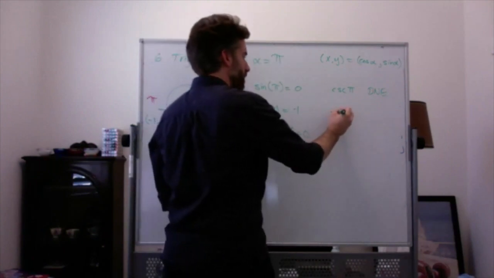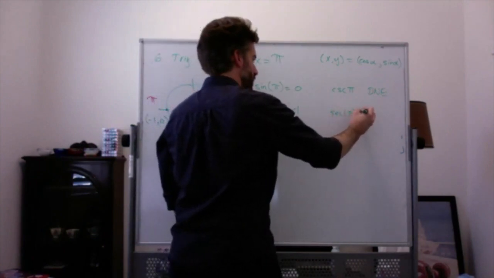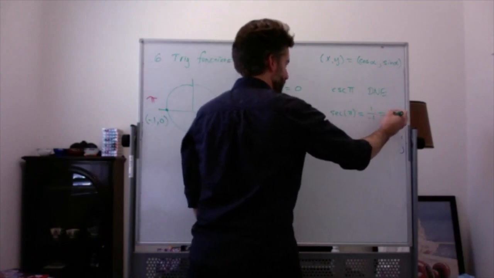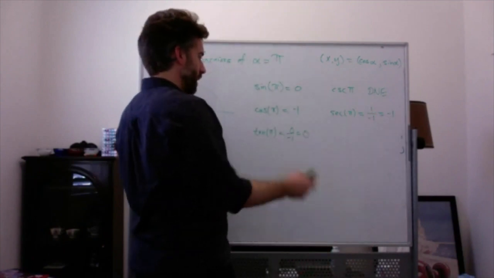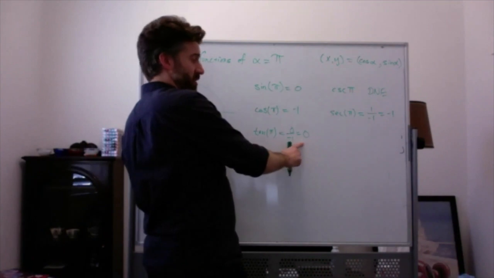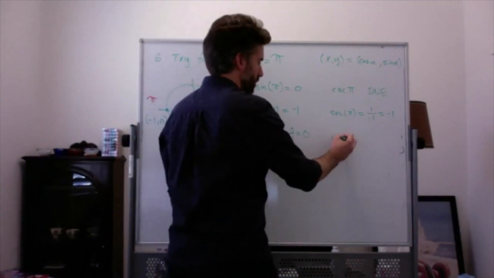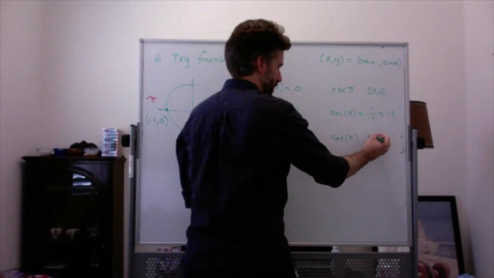Secant of pi is 1 over -1, which is -1. And cotangent of pi is also going to be the reciprocal of 0. It's going to not exist.